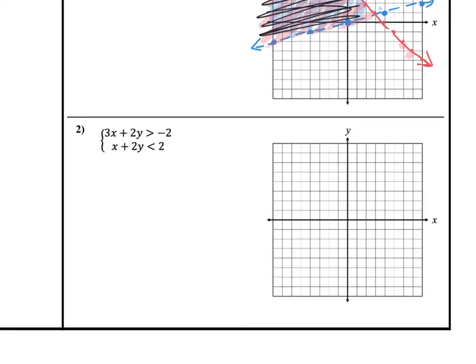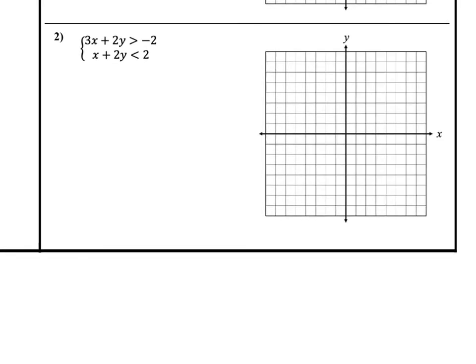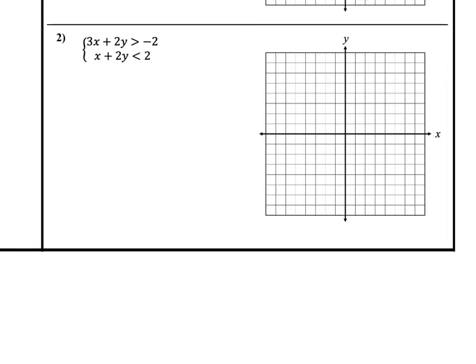Next one. This one is harder because both equations are in standard form, which means that before you start, you actually need to get them both into y = mx + b. We'll do one at a time. Okay, the first one, I'll rewrite this. 3x + 2y is greater than -2.